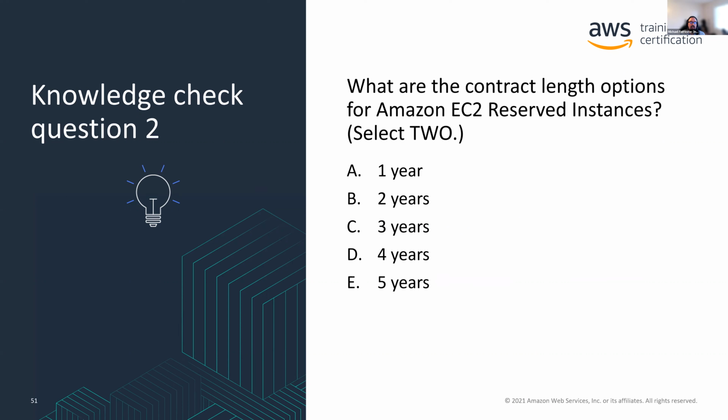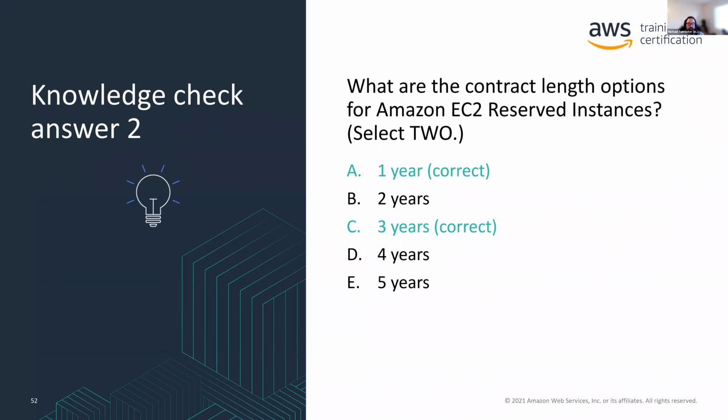All right, number 2. What are the 2 possible contract length options for Amazon EC2 reserved instances and compute savings plans? It's the same answer for both. Yeah, good. A and C. That's accurate. Good.